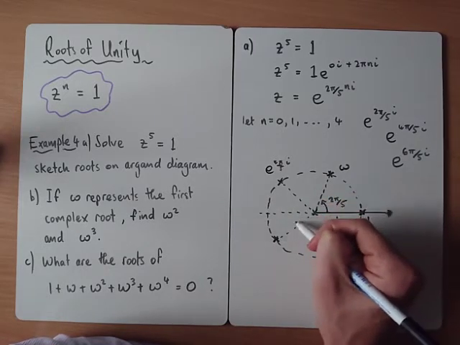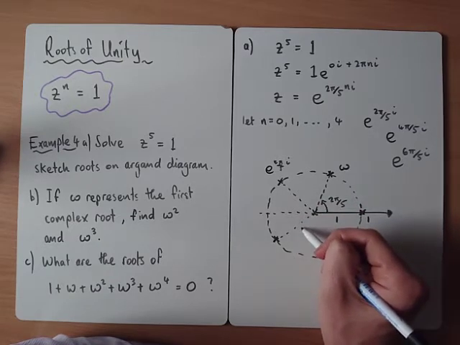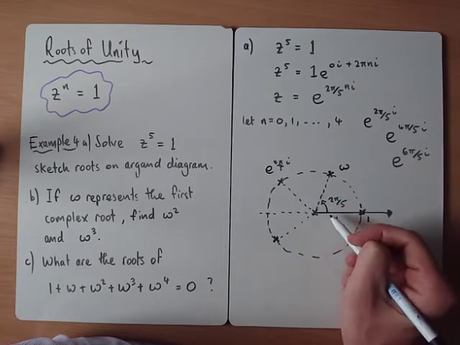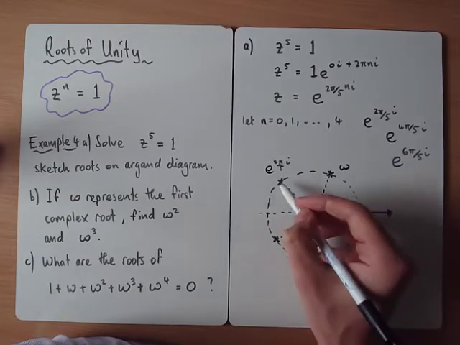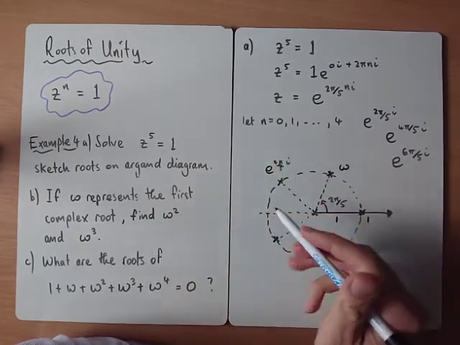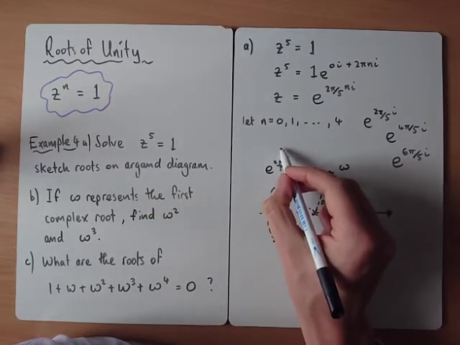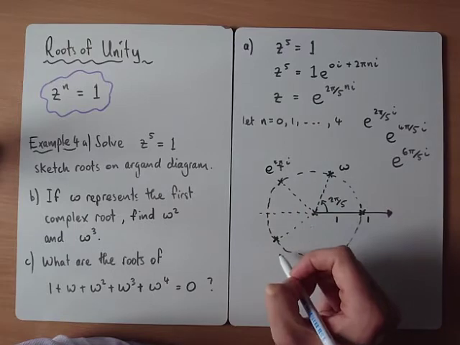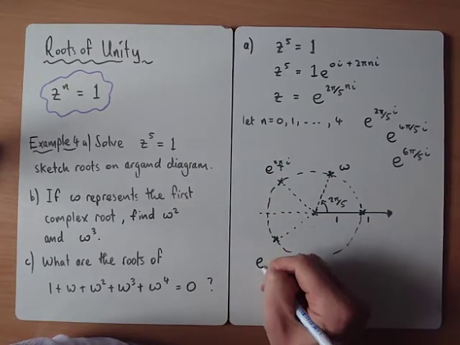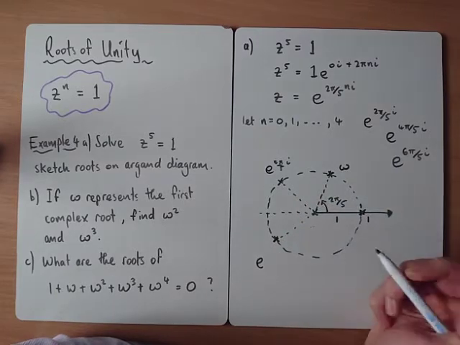So 6 pi over 5 is the same as minus 4 pi over 5, and that's important that you illustrate this, because 4 pi over 5 that way, minus 4 pi over 5 this way, these two solutions should lie on the same vertical line. And if you were asked to sketch this, you would need to represent that symmetry in your diagram.